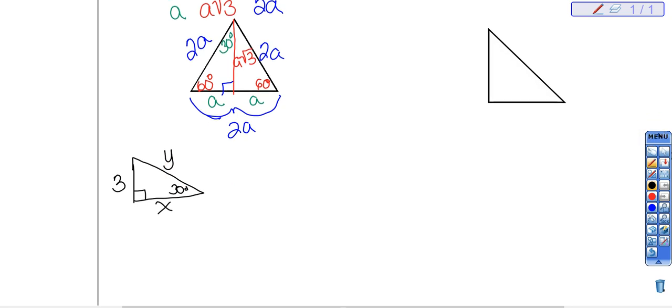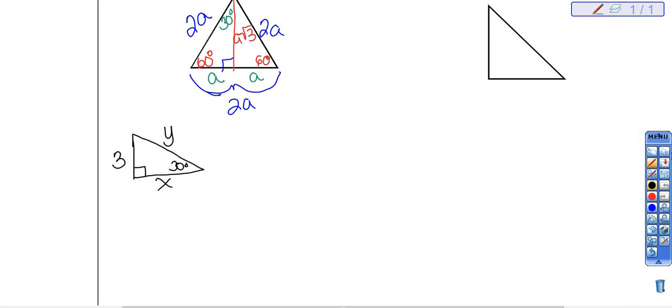So the thing that I typically will do is I'll just go ahead and grab my relationship. My opposite of 30 is supposed to equal a, and my opposite of 60 is a times the square root of 3, and then my hypotenuse is 2 times a, that relationship. I'm going to color code just this once here.